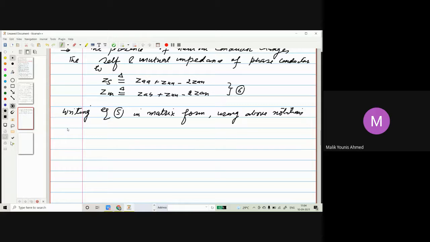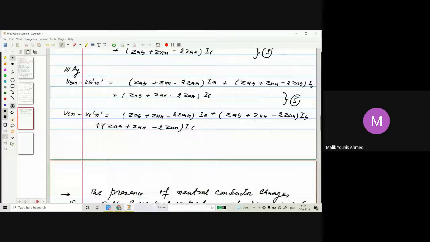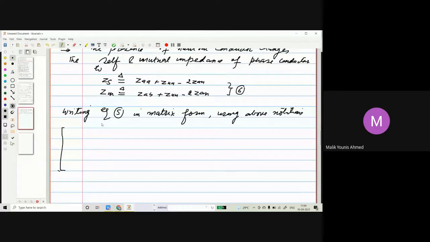Now what we have this value. Okay. So what we have, first value is VAN minus VA dash N dash. So we will write this. VAN minus VA dash N dash.